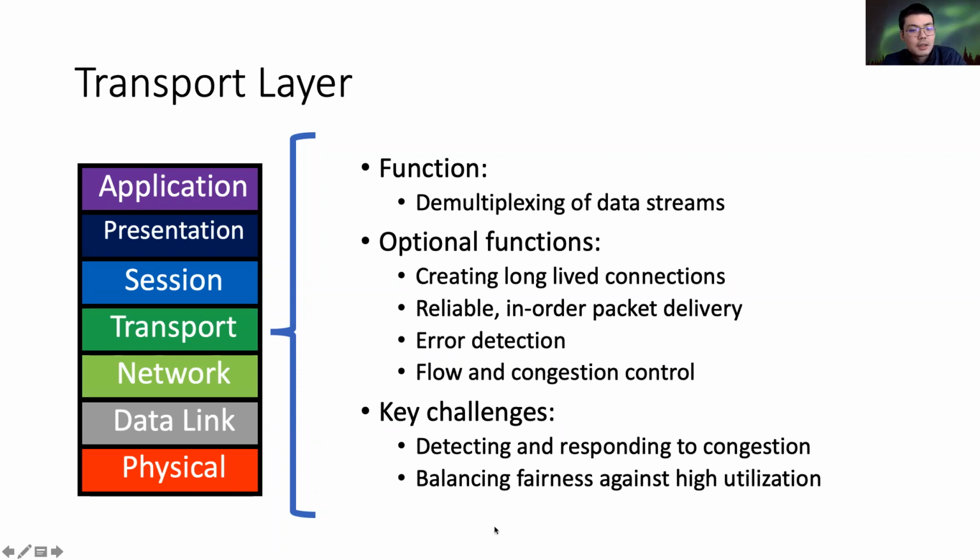So the key challenge here is firstly how to detect that a particular link in your route suffers from congestion. And keep in mind the route is handled by the network layer, not the transport layer. So the transport layer, when detecting this, can only handle this at the end, sender or receiver. How to observe what's happening there and detect whether there's congestion, so I should slow down my sending.